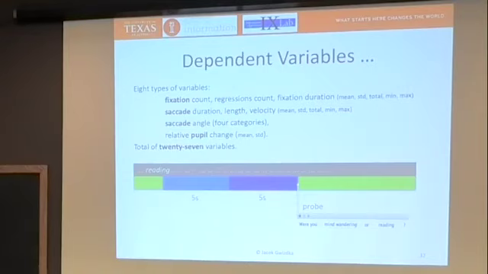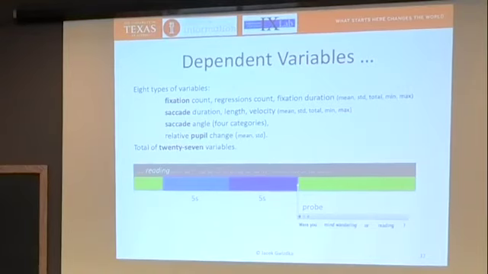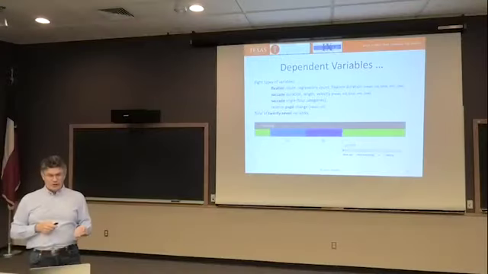A variety of measures were derived from eye fixation durations. Saccades. Saccades are the quick, very fast eye movements between fixations. They are actually the fastest movements our body is capable of. They go up to 500 degrees of visual angle in 1 second. So it's quite fast. And also relative pupil change.